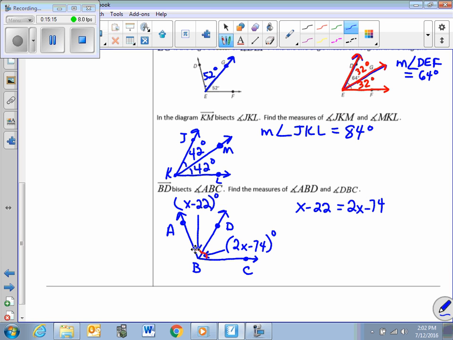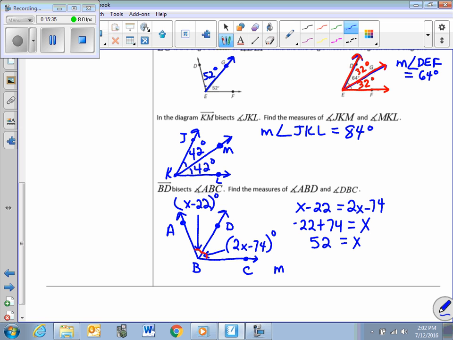Let's solve for x. So negative 22 plus 74 is going to equal x. That's going to be 52. X is 52. So if we plug x into either one of these, we're going to get the same answer. Why? Because those two angles are congruent.